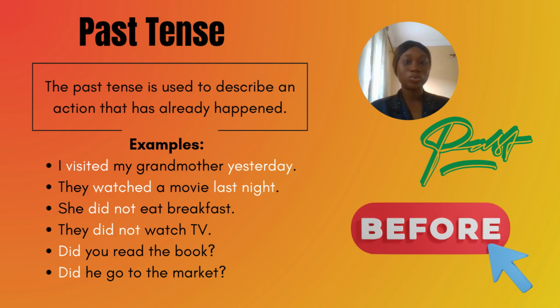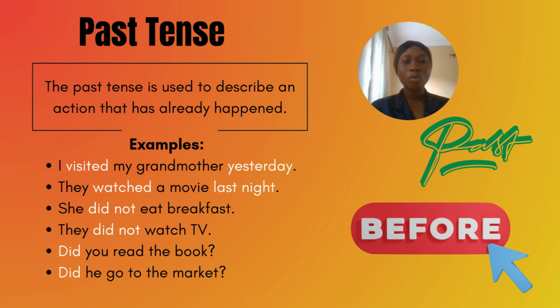They did not watch TV. Did you read the book? So past tense can also be in different types of sentences, okay? We also have sentences that we use to ask questions. Did you read the book? Not are you reading. Did he go to the market?